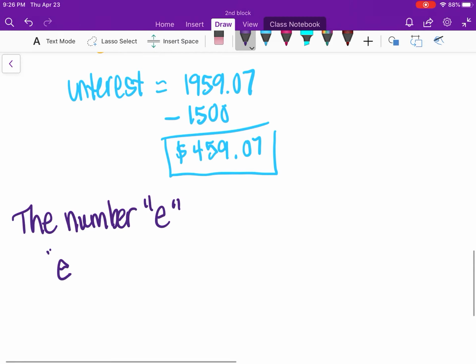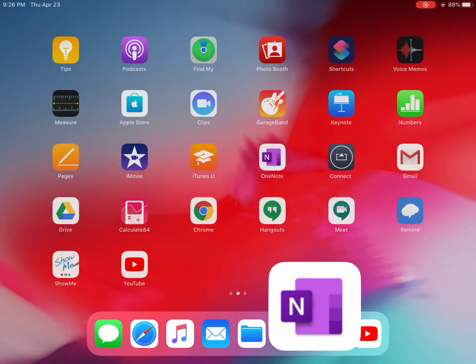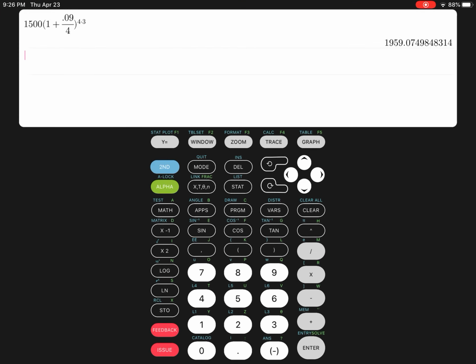But basically, I'm going to show you where that is on your calculator. You actually have 2 places where it's located. If you look on your calculator screen, do you see the divided by key? If I look above that in blue, I see an E. So if I hit second divided by, there's E. So E is about 2.718.